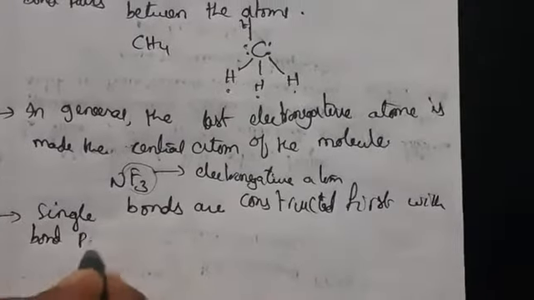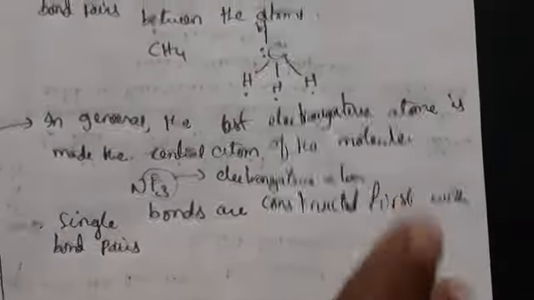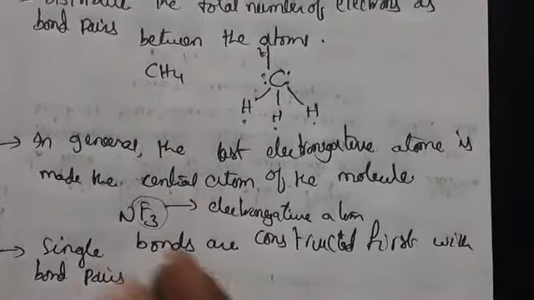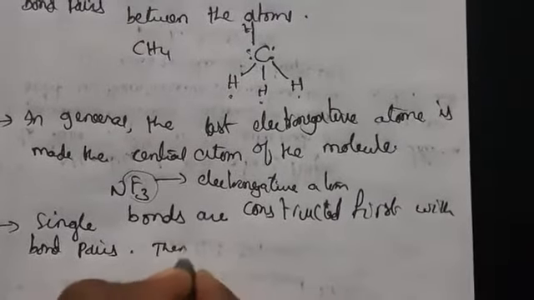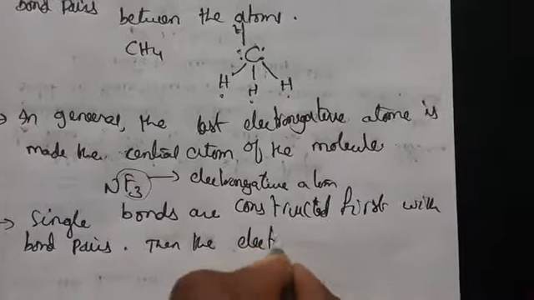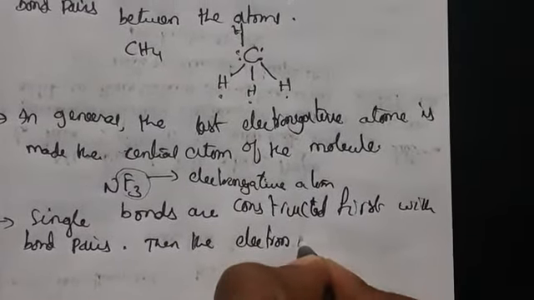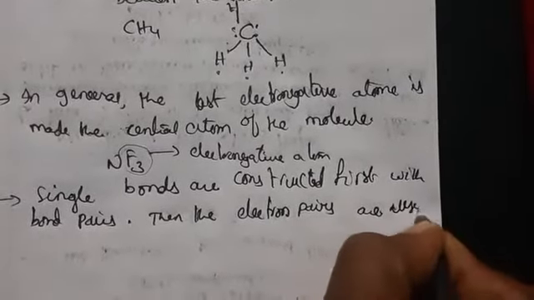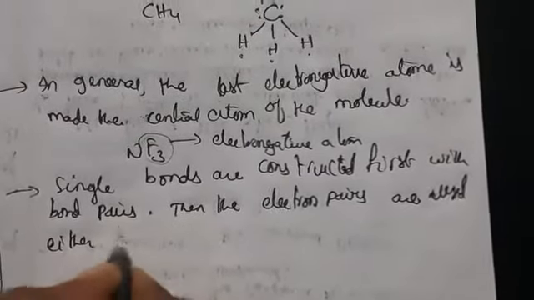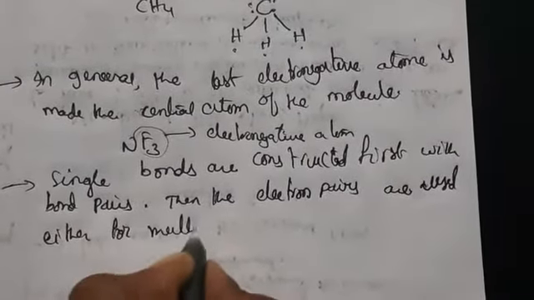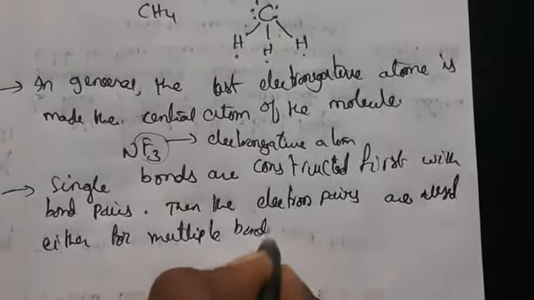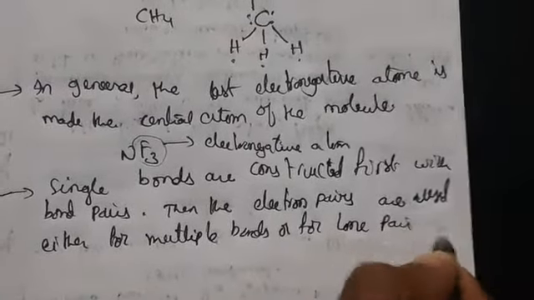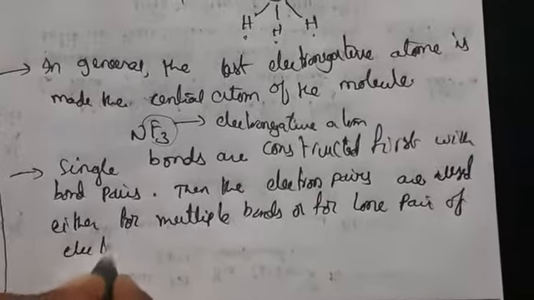Okay, what we have discussed: first, single bonds are constructed with bond pairs, then the remaining electron pairs are used either for multiple bonds or for lone pairs of electrons.